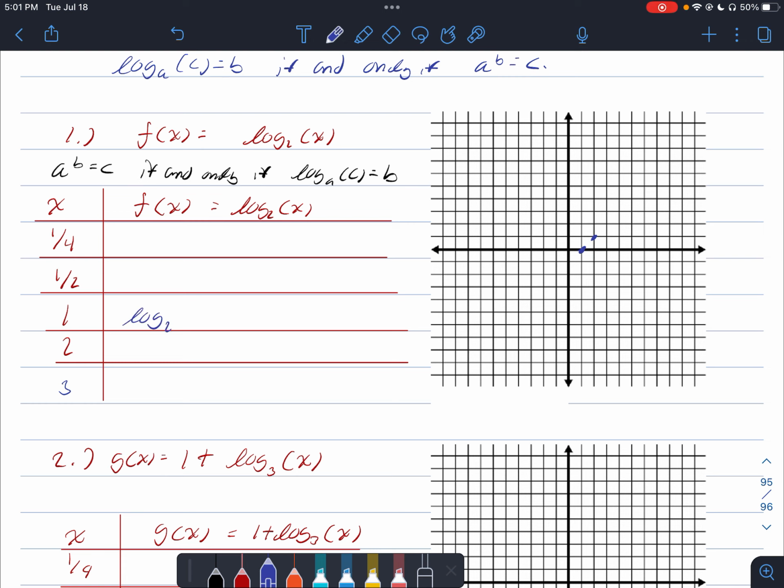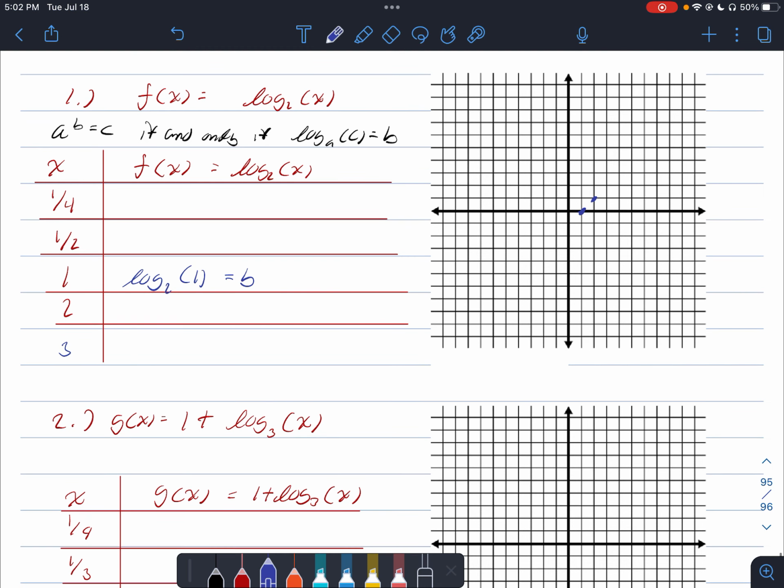So if we have log base 2 of 1, this is equal to b. Remember, a to the b is equal to c if and only if log base a of c is equal to b. Okay, so that means that 2 to the b is equal to 1. Well, that means b must be 0 because anything to the 0th power is 1.